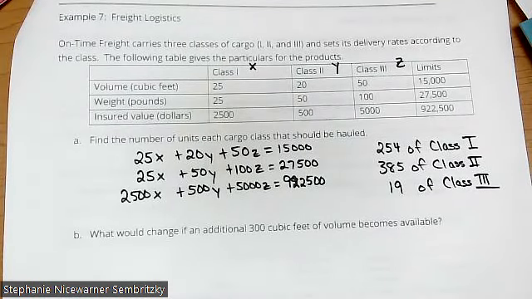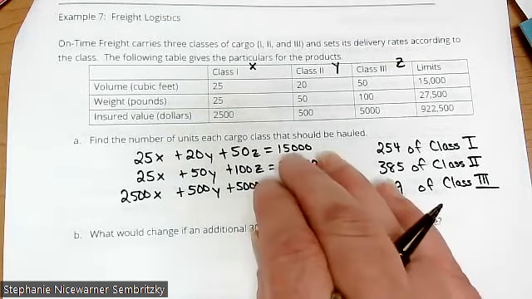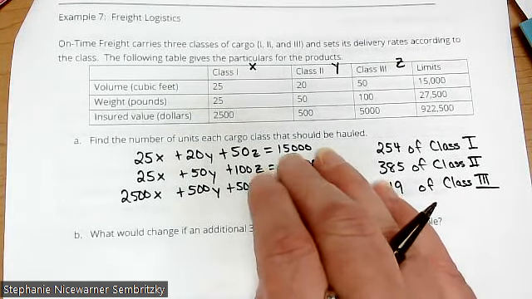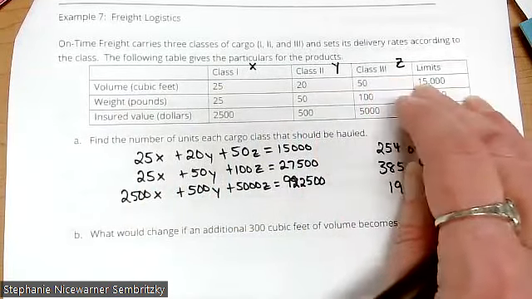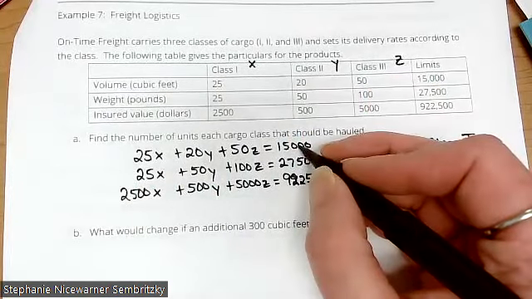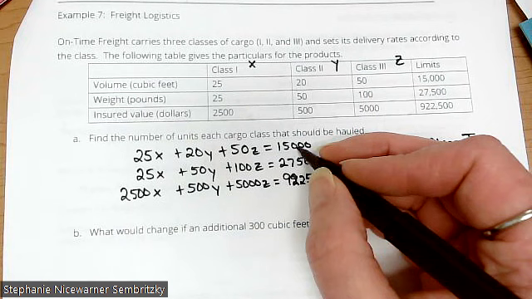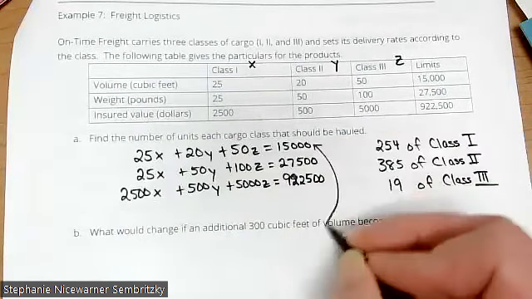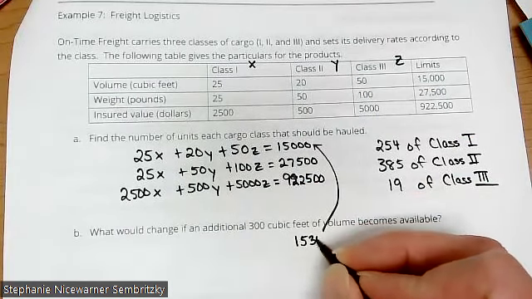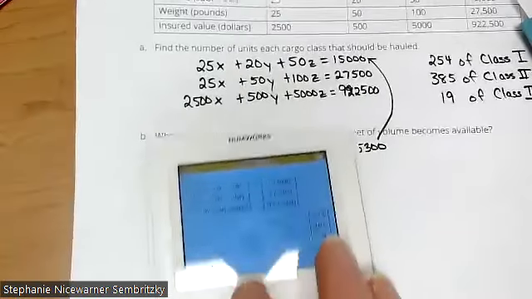What would change if an additional 300 cubic feet of volume becomes available? What we're changing is the amount of volume that comes available, so this is changing to 15,300. Everything else is staying the same.